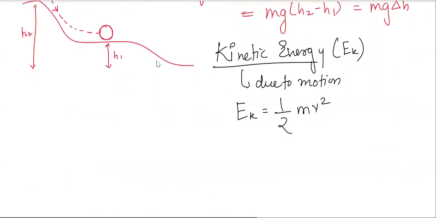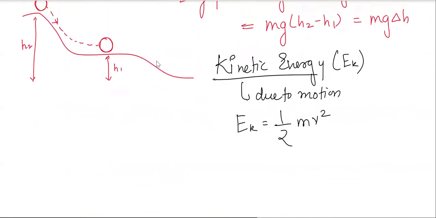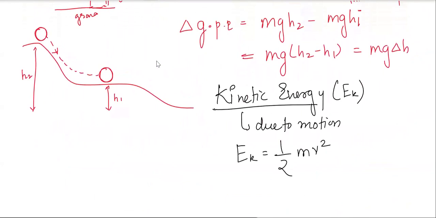Now kinetic energy is half mv square, because of its motion. So if the object is at rest here, and here it is moving with velocity v, it will have a kinetic energy half mv square.